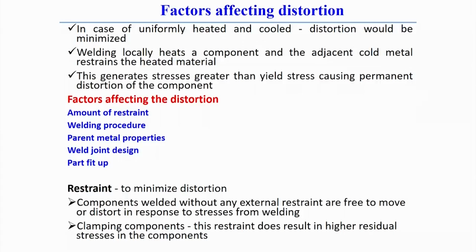Then the welding procedure, in the sense of what type of heat source, what typical geometric shape and size, and what material properties are used during welding. Then the weld joint design, whether butt joint, lap joint or T joint, and the gap between the two components, all influence the distortion. So one is restraint, which is normally put in to minimize the distortion.